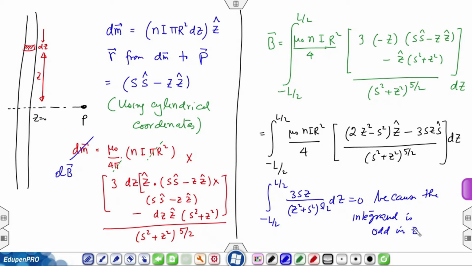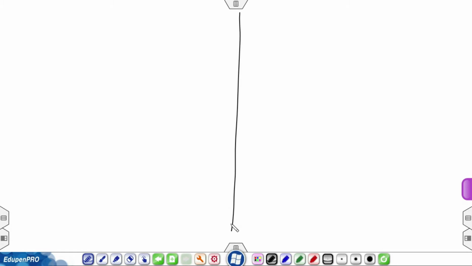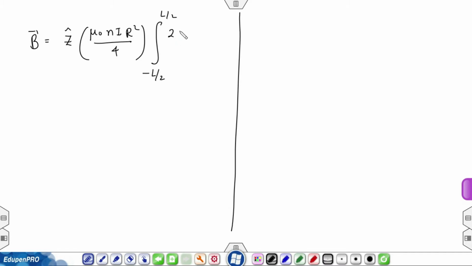So, I get B is equal to, it is in the z direction, mu naught n I r square by 4. Then I have this integral from minus L by 2 to L by 2 of (2 z square minus s square) over (z square plus s square) raised to 5 by 2 dz. Integral I need to perform.